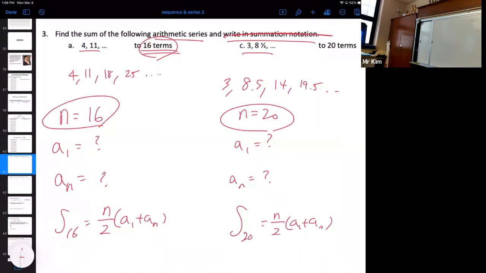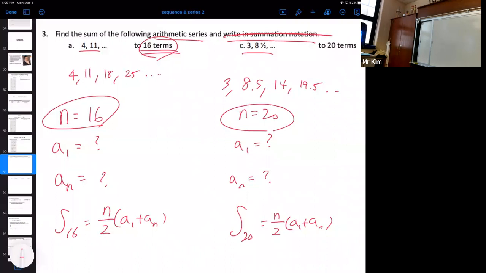Your n. You're right. You put a sub n here. That's it right there. You use the arithmetic formula to just reverse it. Oh, for arithmetic?